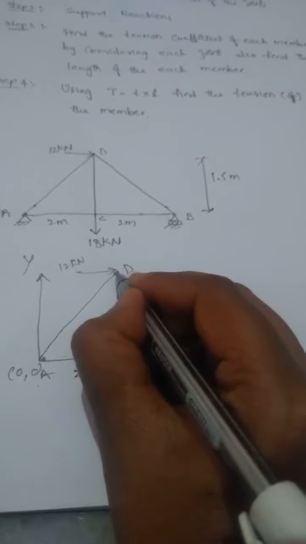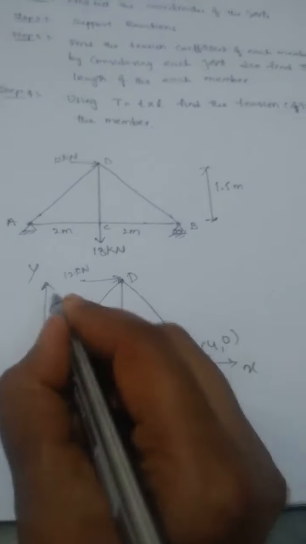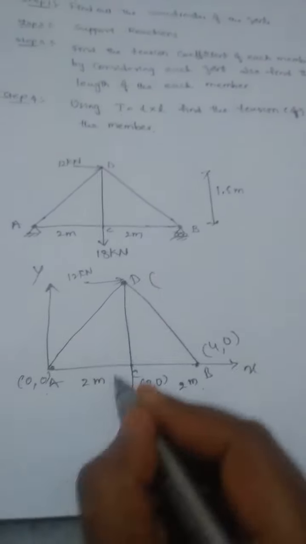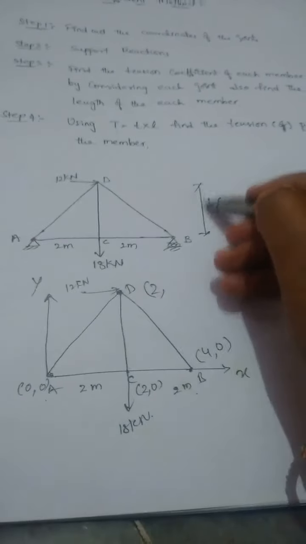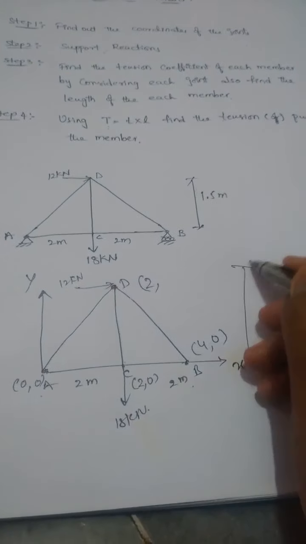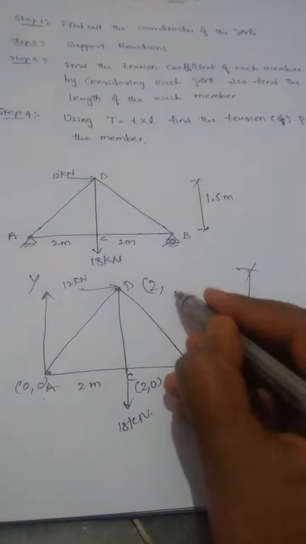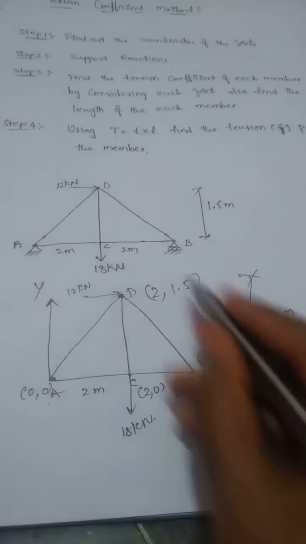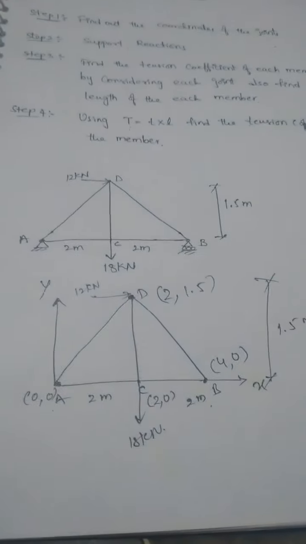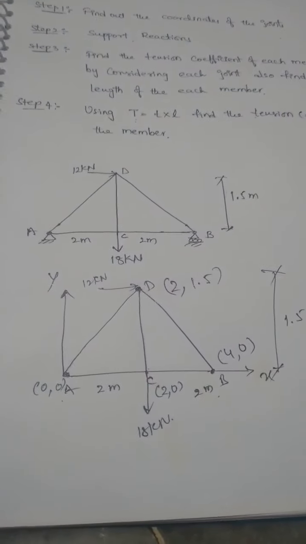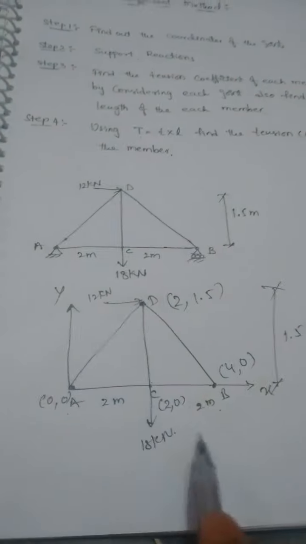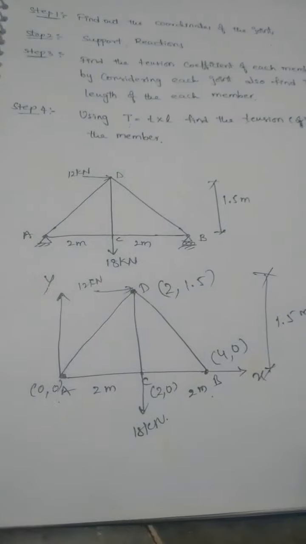And coming to this point D, it is having x and y coordinates. So x is 2 meters and y is 1.5 meters, the depth here. These are how the coordinates we have to determine for the given truss. So simply draw the x and y axes and write the coordinate points.